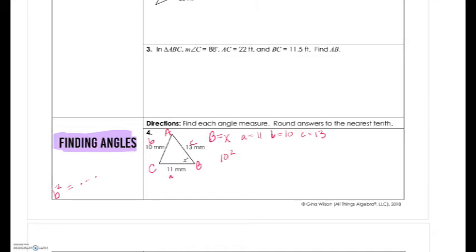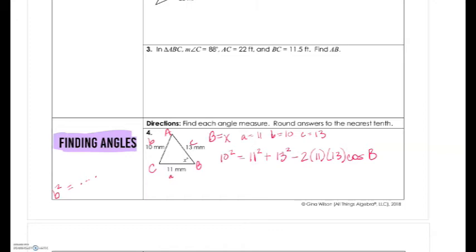So 10 squared, which is my B, equals A squared plus C squared minus 2 times A times C times the cosine of B. Okay, we have to use this one because we need angle B.